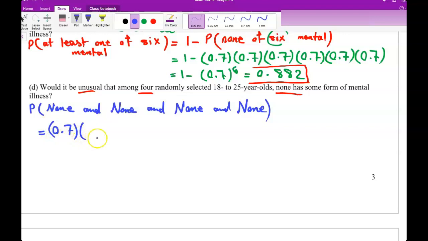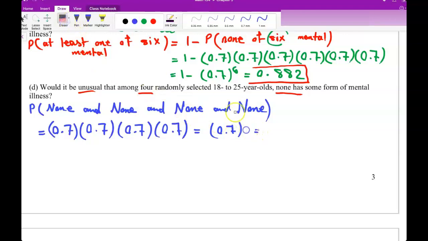So this multiplied by itself 4 times. The answer is 0.2401.